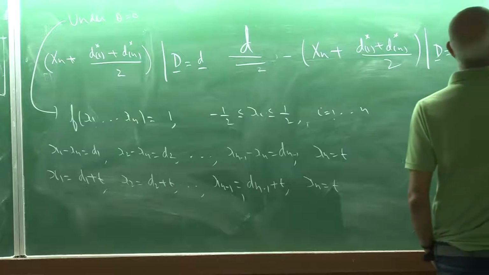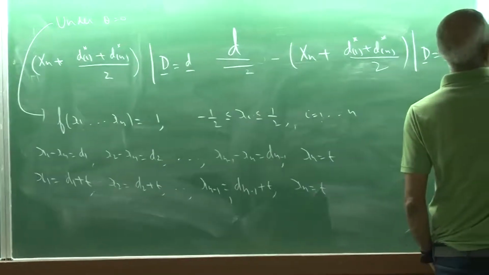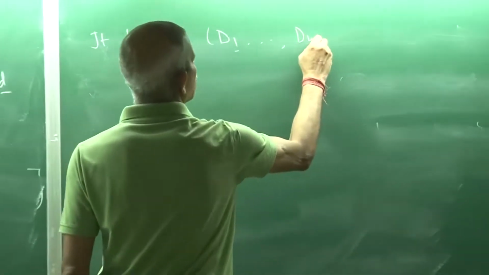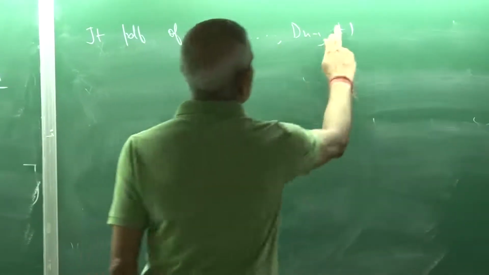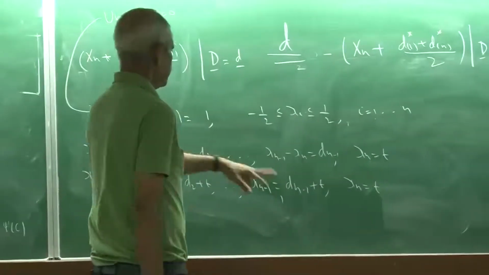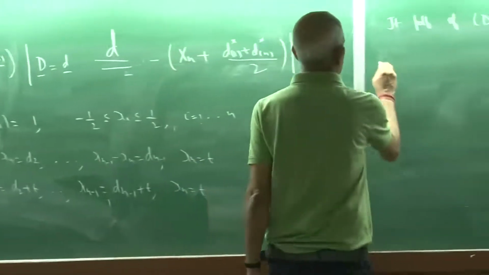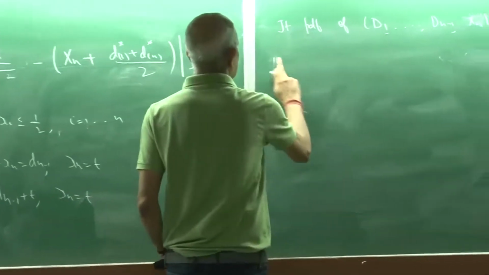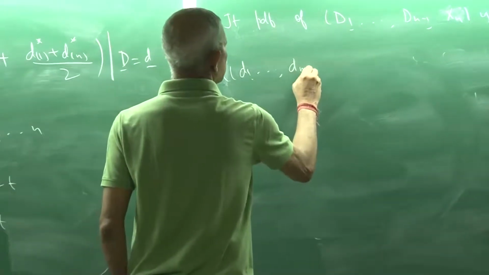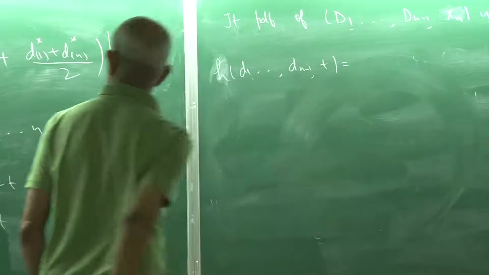The joint PDF of d1, d2, dn minus 1 and xn is h of d1, d2, dn minus 1, t.